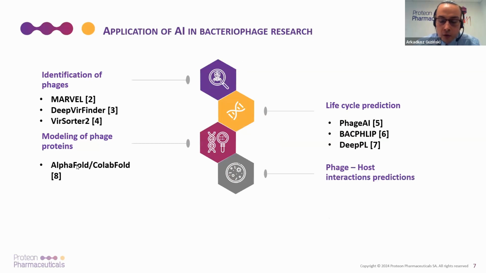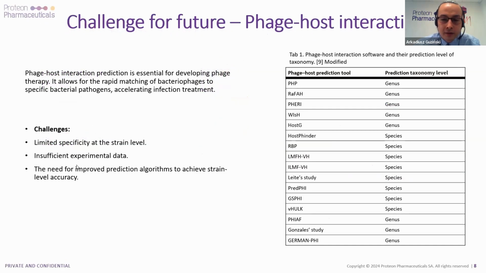Okay, so I also mentioned phage-host interaction predictions, and I think this is one of the biggest challenges we face today. We are facing the prediction of phage-host interaction at the strain level. While we have made great strides in predicting interactions at the genus or species level, like you can see in the table from the review on the right, we have a lot of great tools that predict the taxonomy level of the host at the genus or species.